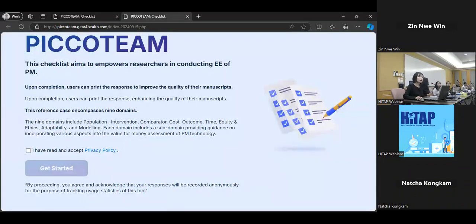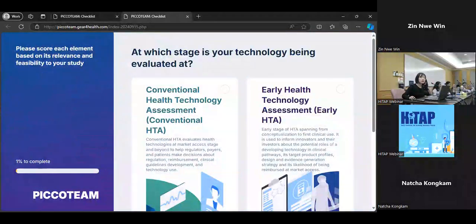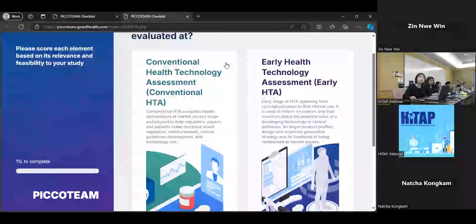Okay, so as you can see on the screen, I can read and accept this privacy policy. Today, first, I would like to show you an example of using this guideline to guide the study of the FH care using whole exome sequencing and MLPA, a supplementary genetic test, to identify the relatives of an index patient who has genetic FH, to identify his or her relatives who also have genetic FH and give them early treatment.